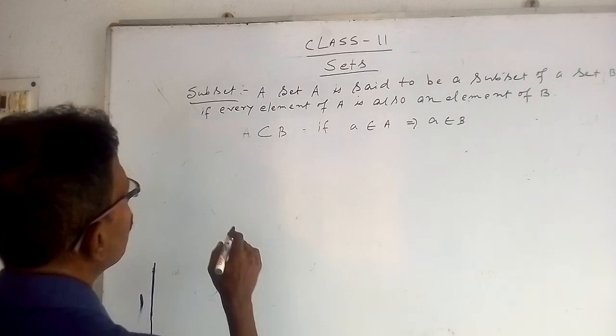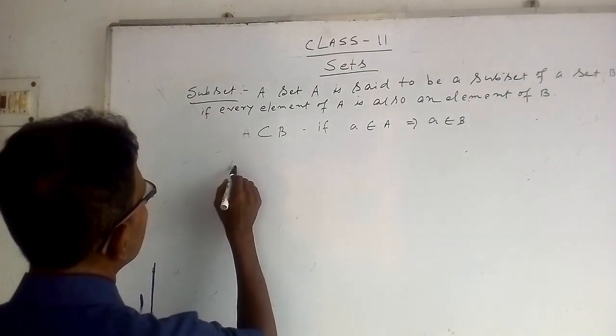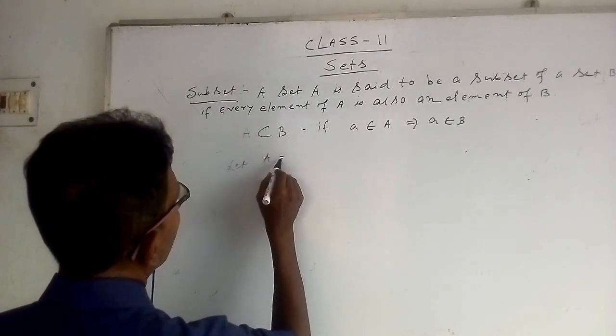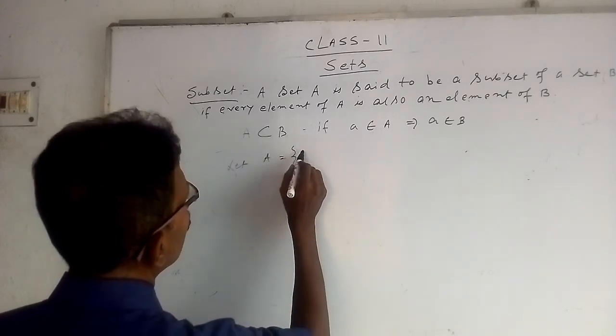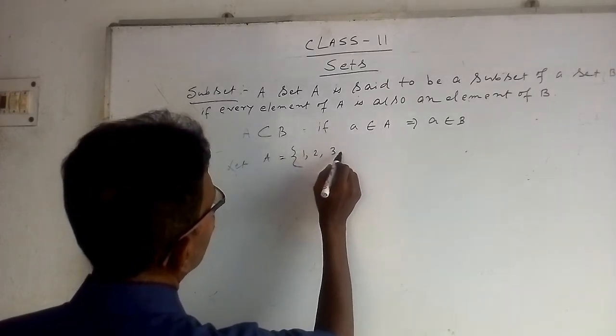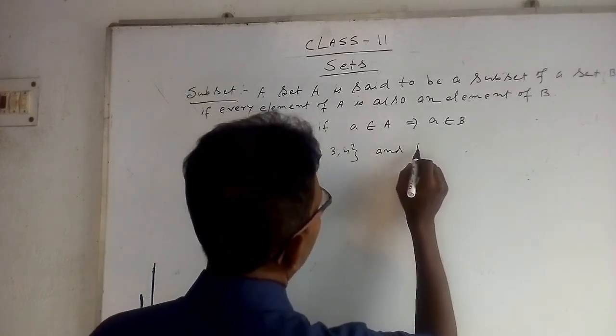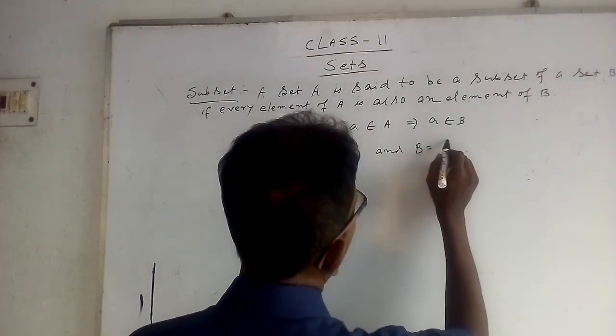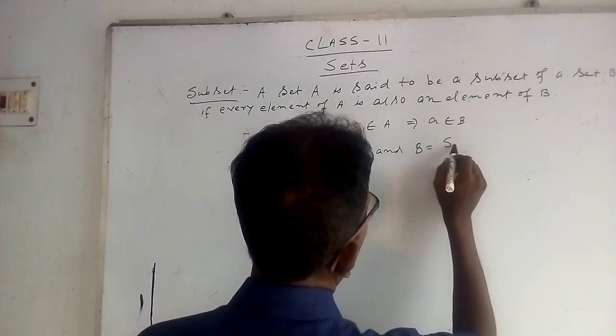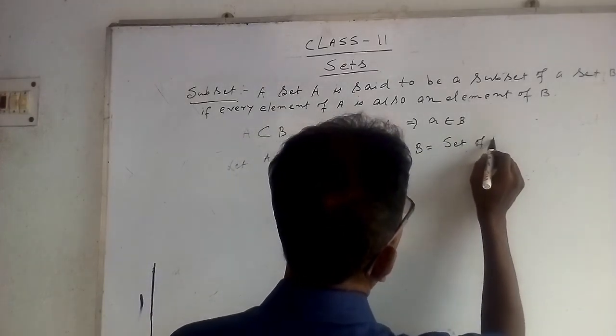Let A equal 1, 2, 3, 4 and B equal the set of natural numbers.